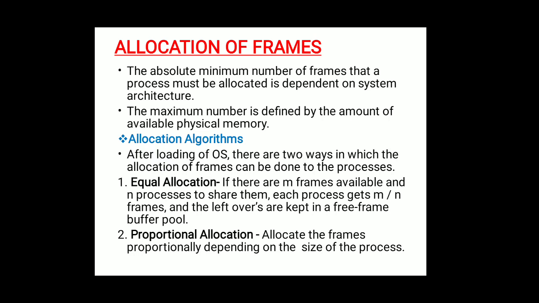That is 93 divided by 5 gives 18. So each process is going to get 18 frames, and the 3 leftover frames can be used as a free frame buffer pool. And this whole scheme is called equal allocation.